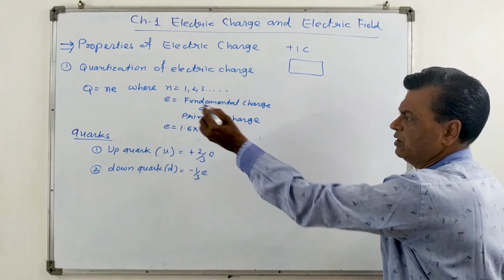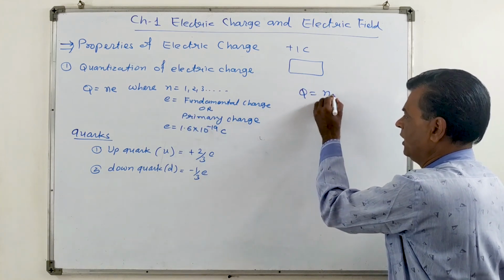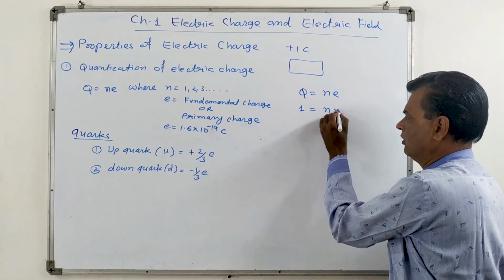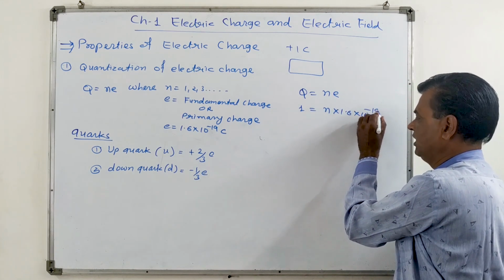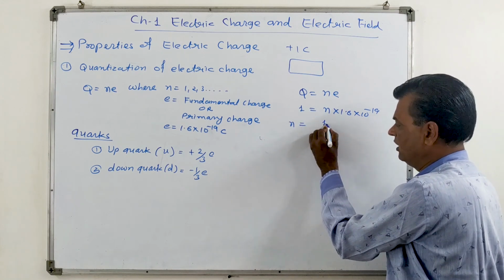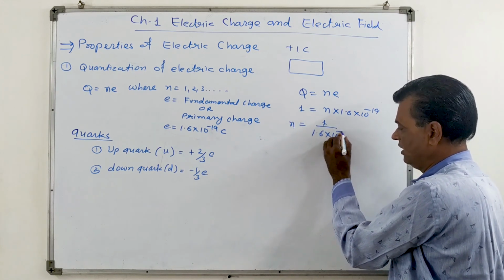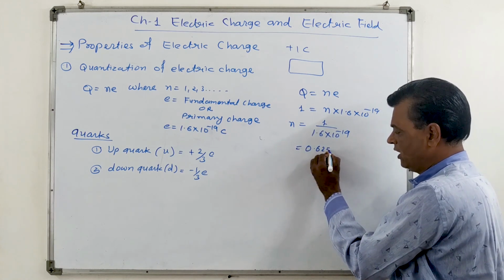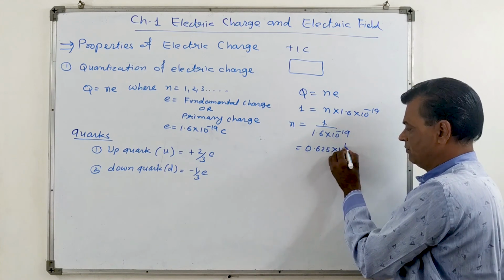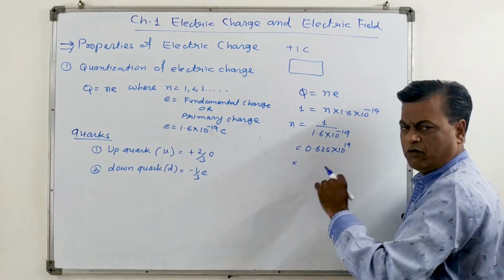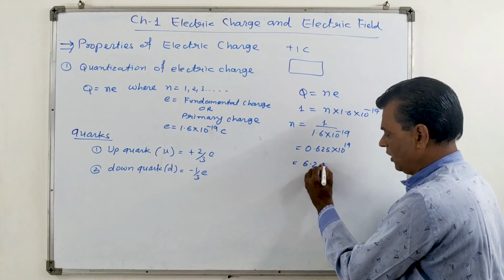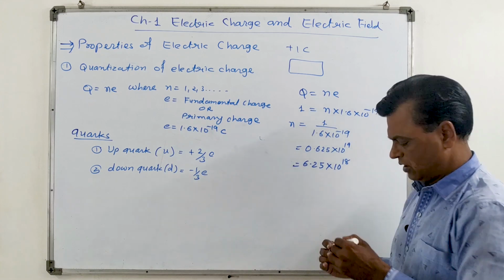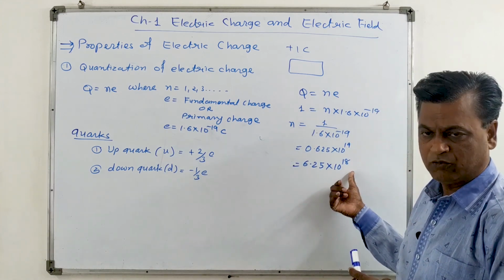Putting the value in the equation Q = Ne, here Q = 1 coulomb and e = 1.6 × 10^-19. Making N the subject, N = 1 divided by 1.6 × 10^-19. 1 divided by 1.6 is 0.625, and 10^-19 means plus 19, with 1 decimal shift, so 6.25 × 10^18. So the number of electrons is 6.25 × 10^18.